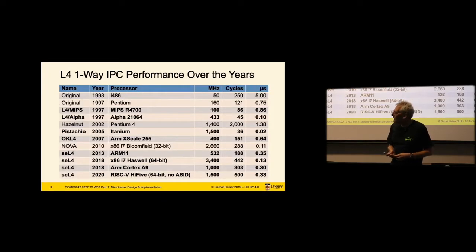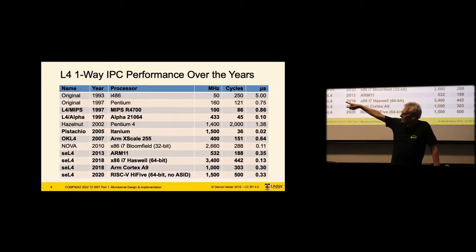So this is an interesting diagram because it compares different L4 implementations over the years. Starting with the original 486 kernel, the assembler kernel Jochen did, it's a bit vague when L4 actually started, but it was around that time.